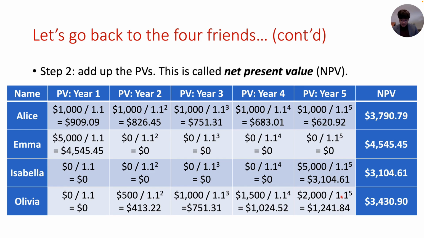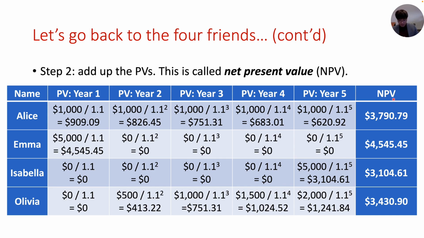Next, add up the present values. For Alice, the sum of the PVs is $3,790.79. This is called the net present value, in short NPV, of her transactions expected for the next 5 years.